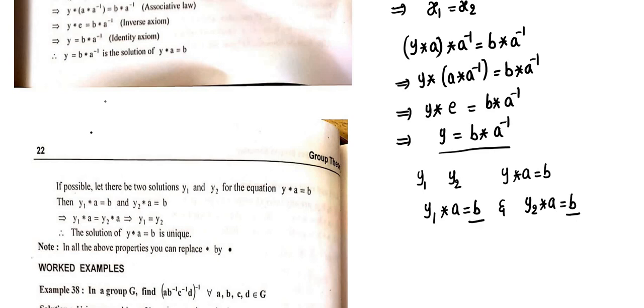Here also the RHS are equal, so the LHS are equal. So by using the right cancellation law, y1 = y2.